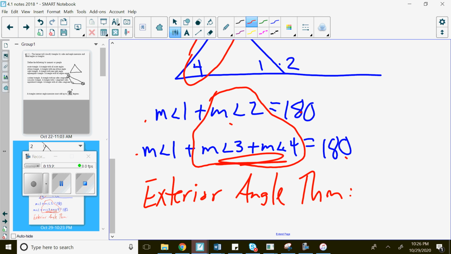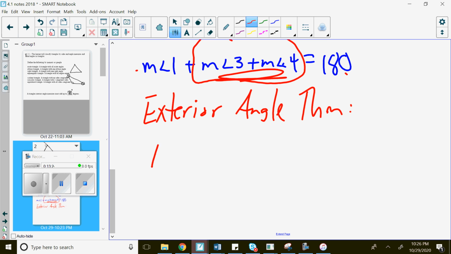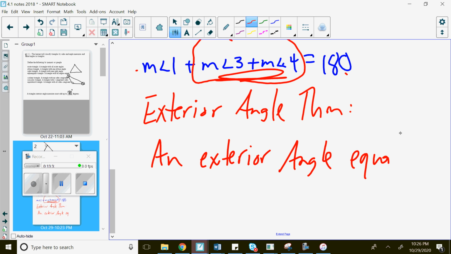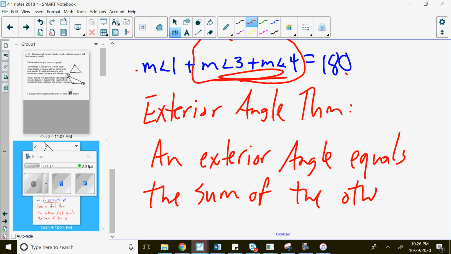Okay, and the exterior angle theorem says the following. An exterior angle equals the sum of the other 2 interior angles.